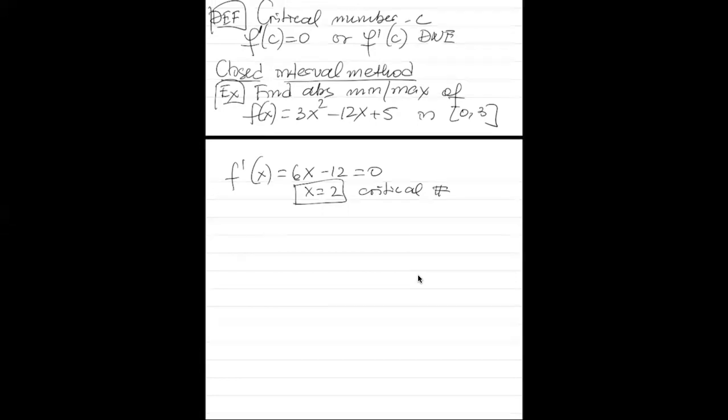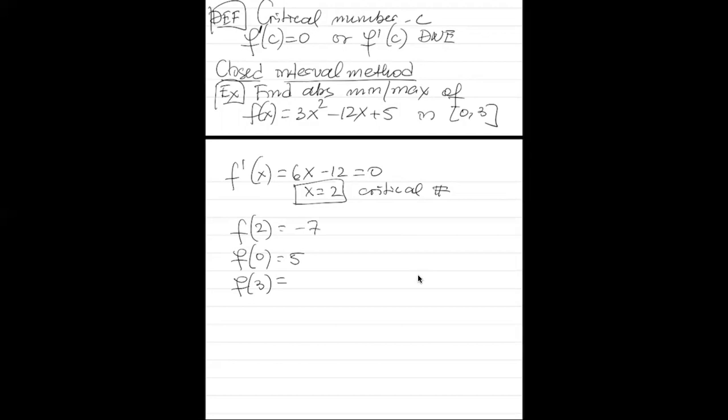So here's the interval from 0 to 3. Actually, we don't need to sketch it. We just have to calculate the value of the function at the critical number and at the endpoints. And the biggest of those is the absolute max. So we're evaluating f. So f of 0, that's easy, that's 5. f of 2, you can plug in and see -7.